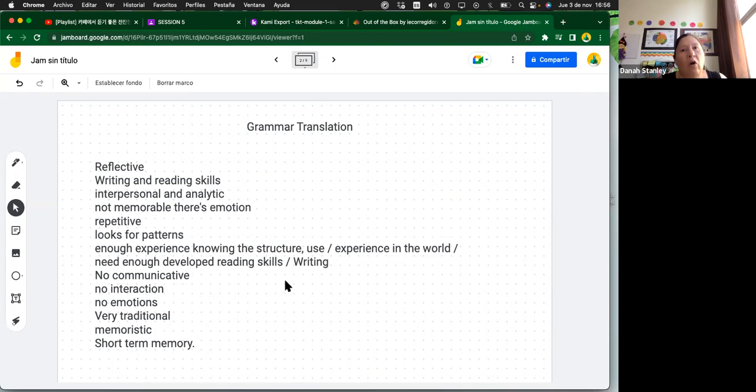For example, recognizing and realizing that idioms exist in English and in Spanish. So they are going to match, or they are going to recognize some idioms and make the transference to English from Spanish.